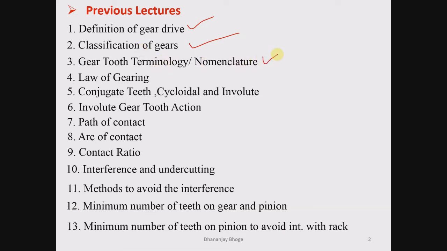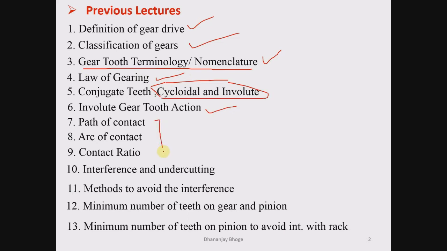Then we have gone to the important terminology of spur gear. Next, we have studied the law of gearing. Then two types of teeth which satisfy the law of gearing: cycloidal and involute one. Next, involute gear tooth action.